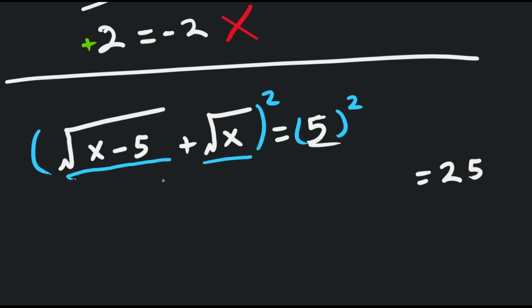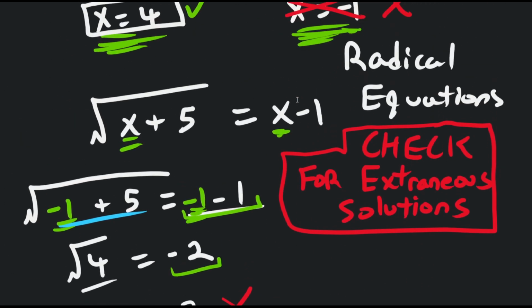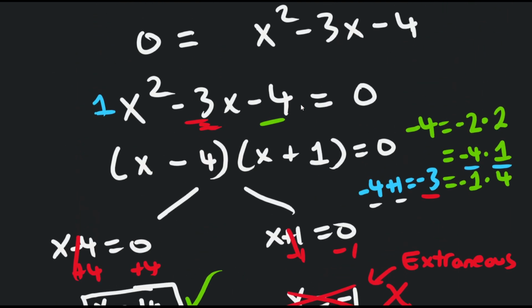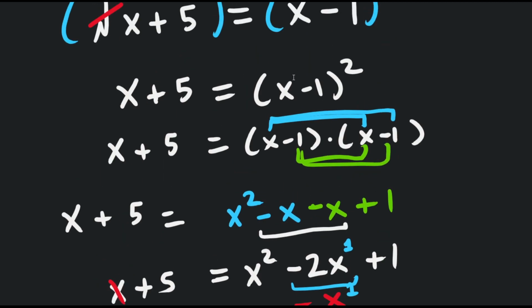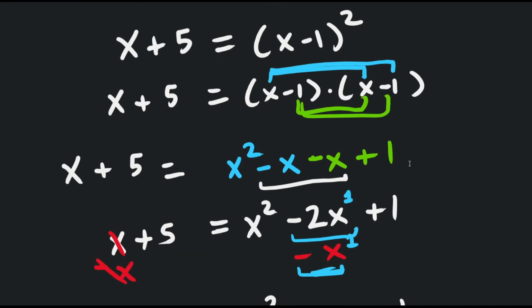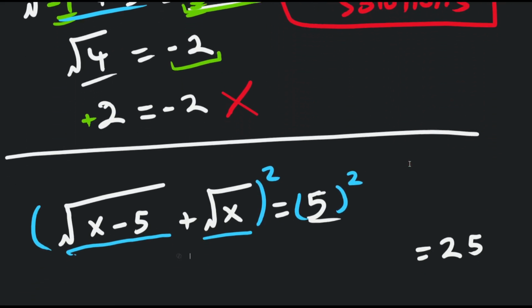Whenever we square a binomial, we can expand it out and use FOIL, similar to what we did in one of the steps to this problem up here, where I believe we had x minus 1 squared and we expanded it and used FOIL. We can take a shortcut.